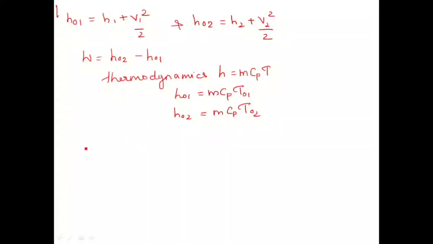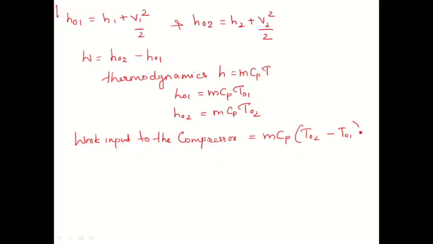So the equation for work input to the compressor equals mCp into T02 minus T01.